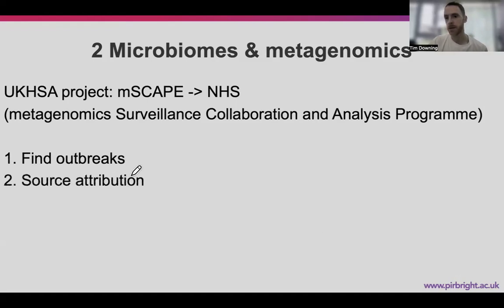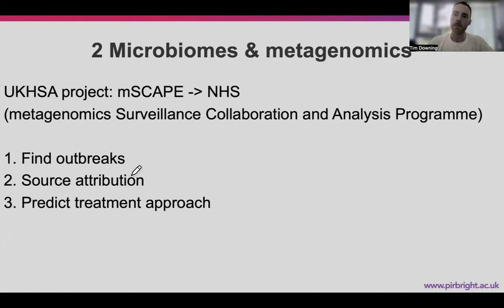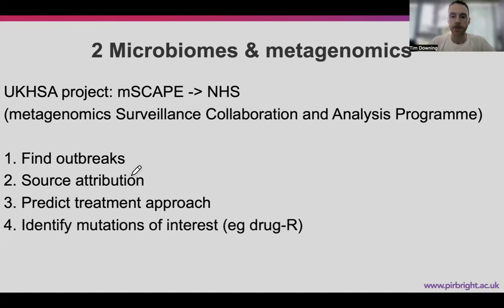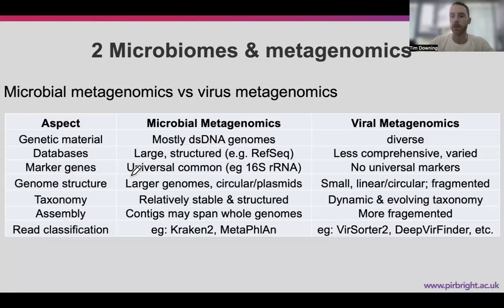So the key things here are to think about outbreaks and how to identify the source of these outbreaks, and also to inform treatment approaches, whether you're looking at antibiotic resistance and the use of antiviral treatments, and consider the genetic basis of potential drug resistance in the pathogens of interest. So metagenomic approaches can support all of this.